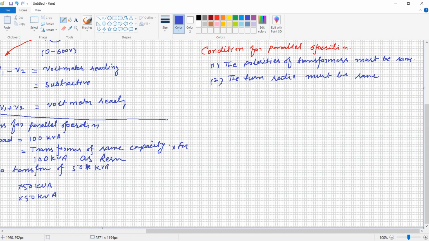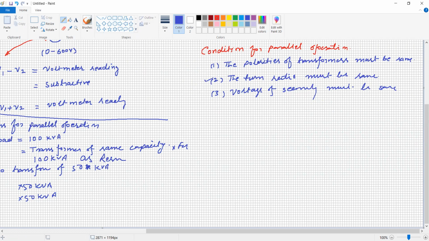And while connecting the two transformers, the voltage of the secondary must be the same. Definitely, when the turns ratio is the same, the voltage remains the same, isn't it? So no need to measure this one.